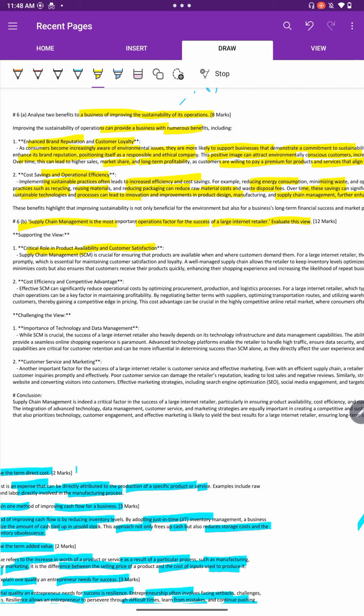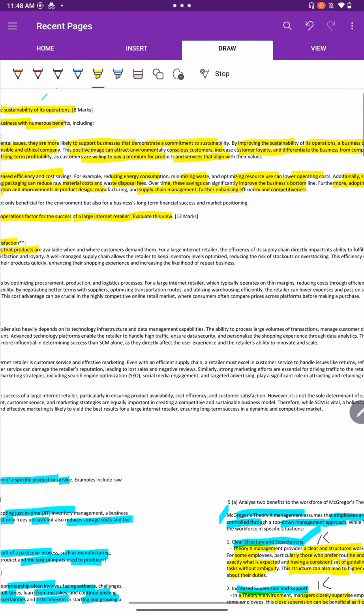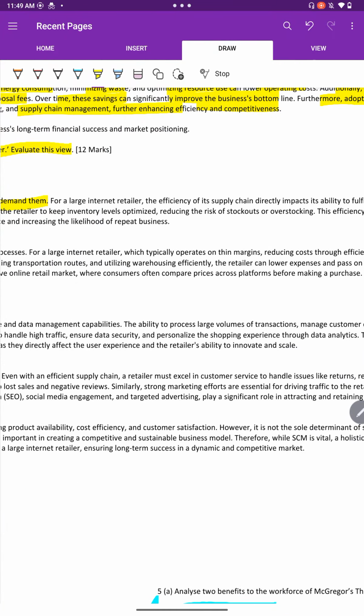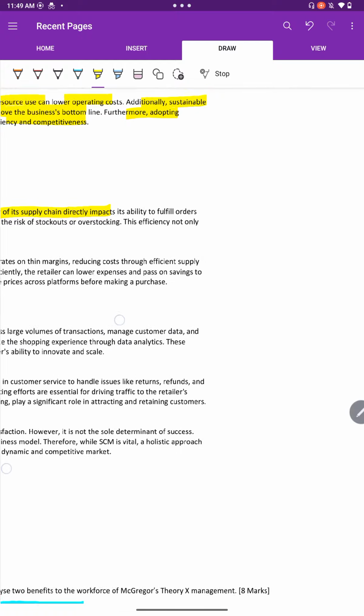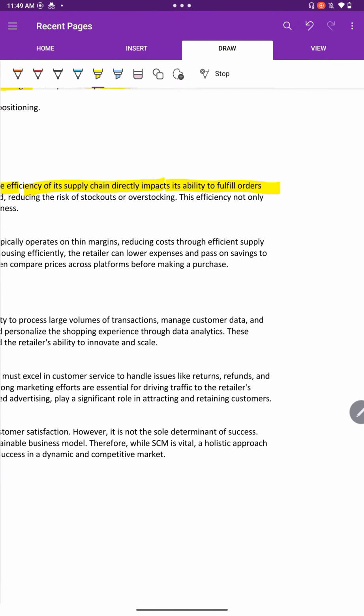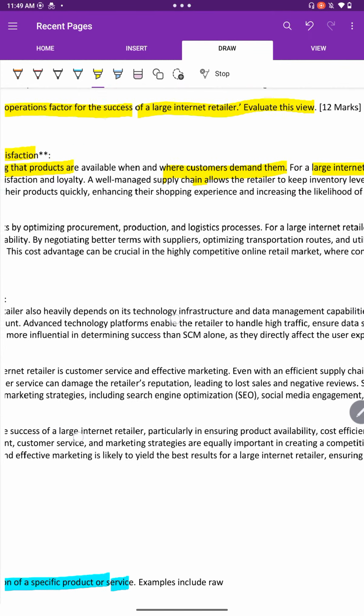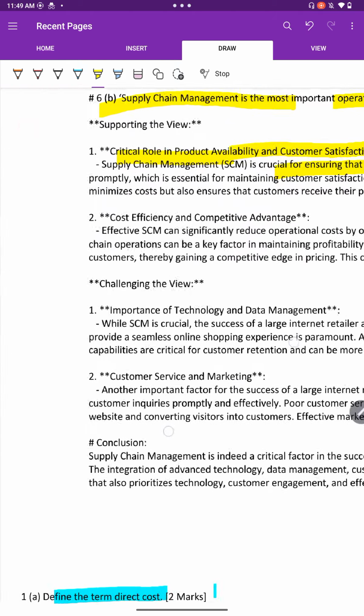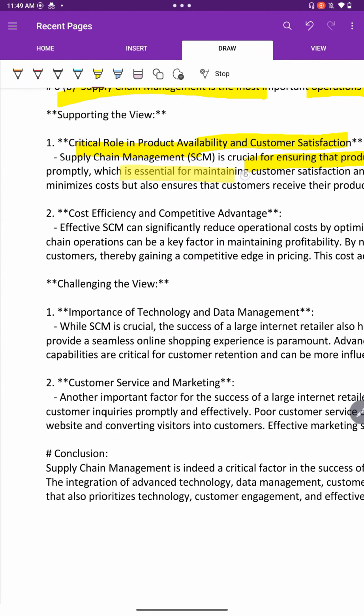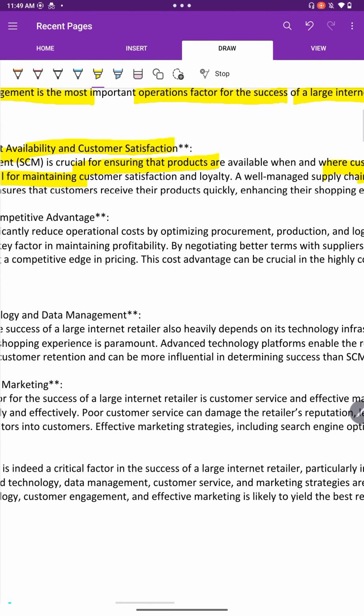Supply chain management is crucial for ensuring that products are available when and where customers demand them. For a large internet retailer, the efficiency of its supply chain directly impacts its ability to fulfill orders promptly, which is essential for maintaining customer satisfaction and loyalty.